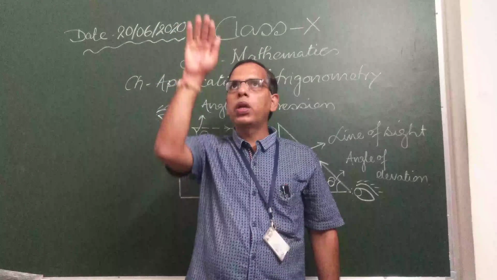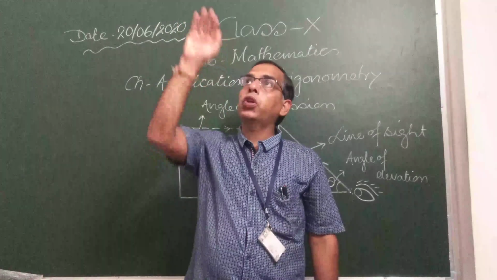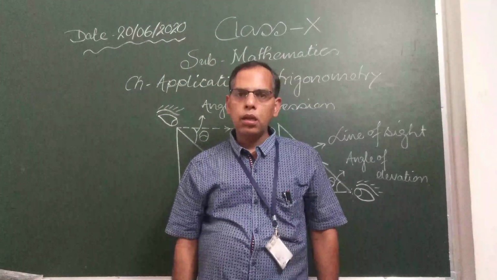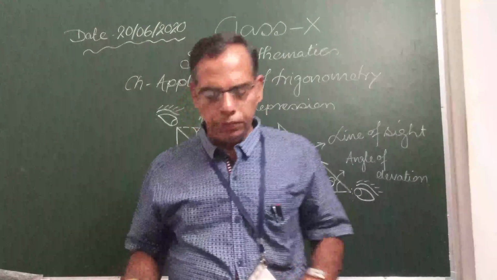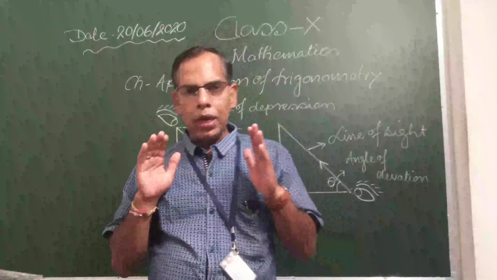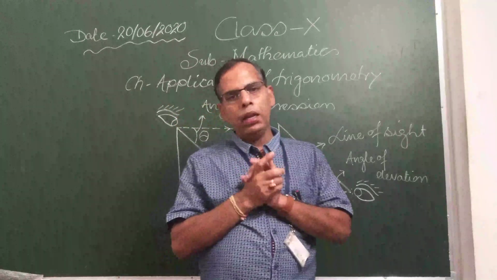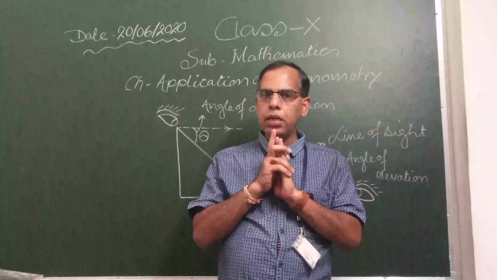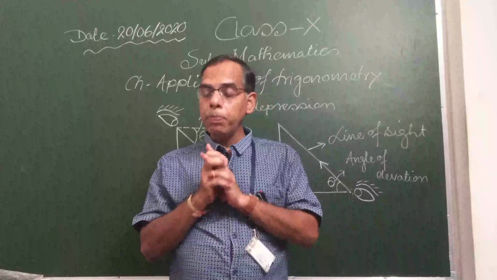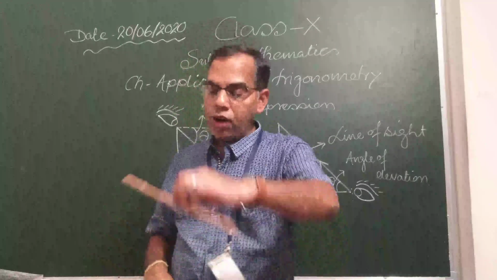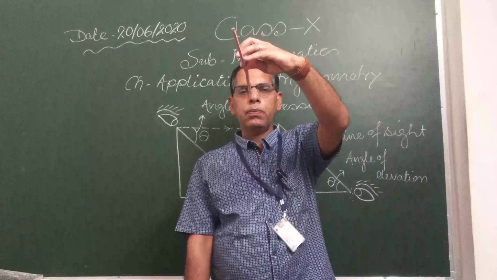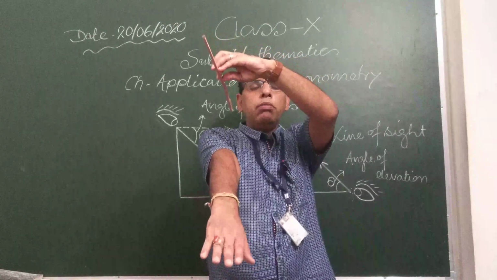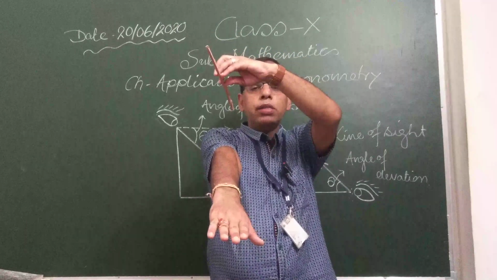And when you are looking from the ground floor to the top floor, then there is an angle of elevation. But remember one thing, the angle of depression and angle of elevation are ultimately the same. How are they the same? Because you are drawing a virtual line along with this, and this is the line of sight.